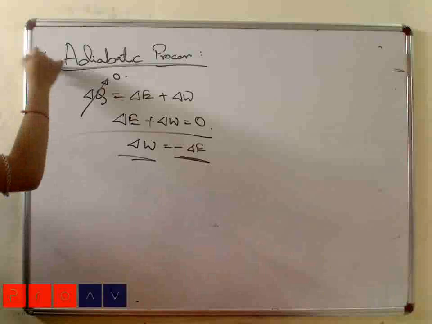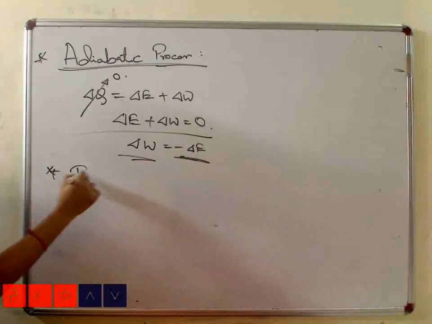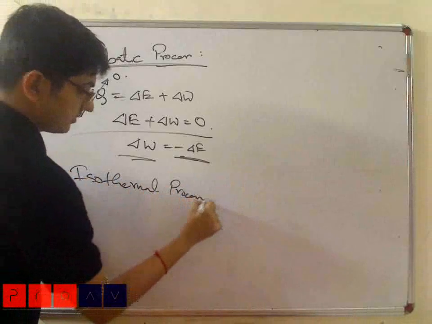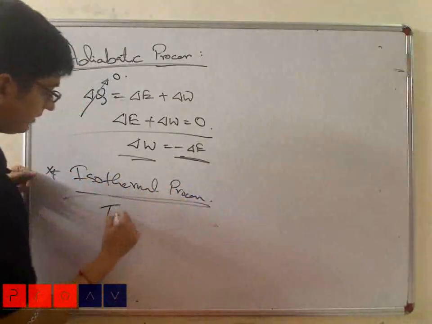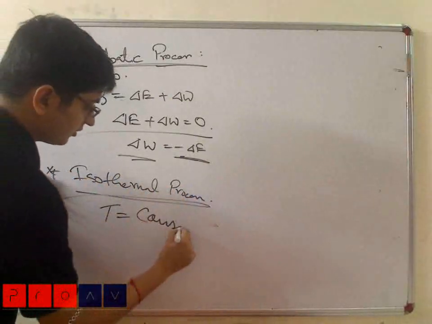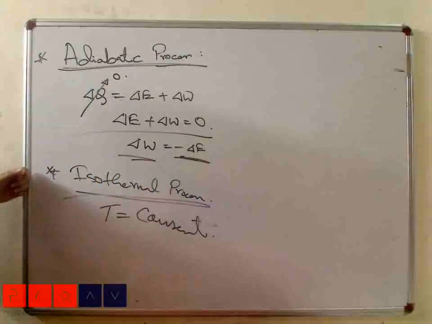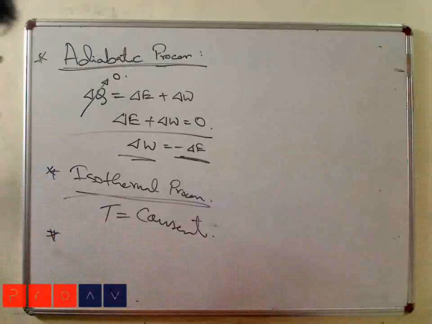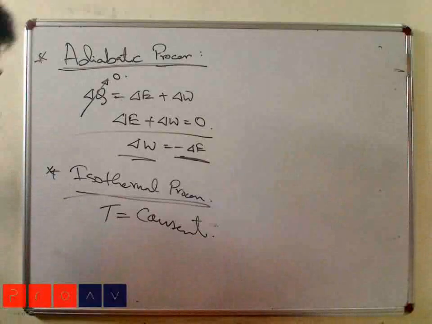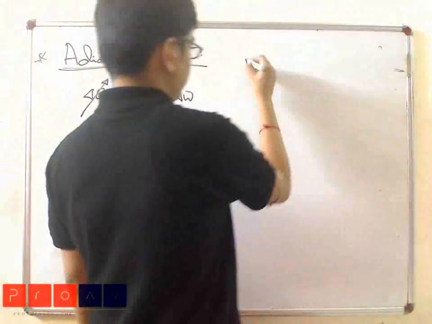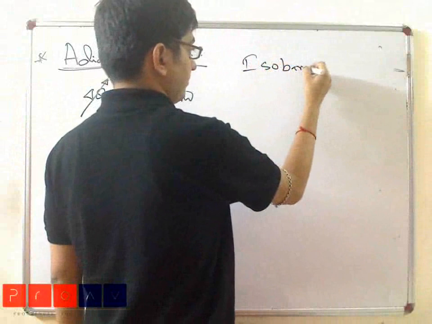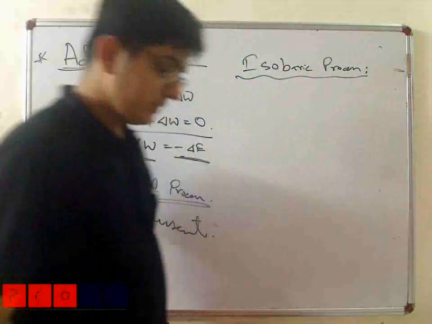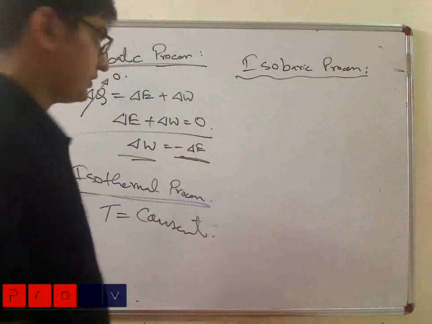This kind of process is known as adiabatic process. Now second is isothermal process. Isothermal process, simply temperature is equal to constant. Isobaric process. What is meant by isobaric process?